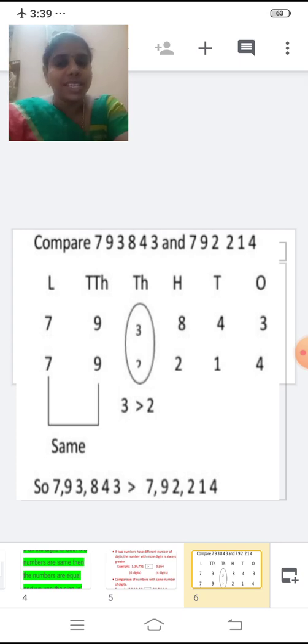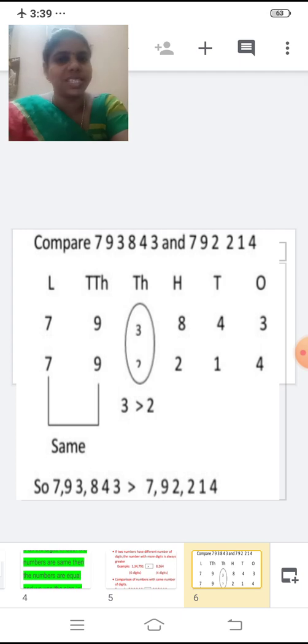Next we have to compare the next digit, that is the 10,000 place. First number we have 9 in the 10,000 place. Second number we have 9, again 9 in the 10,000 place. Again same number. So what to do?